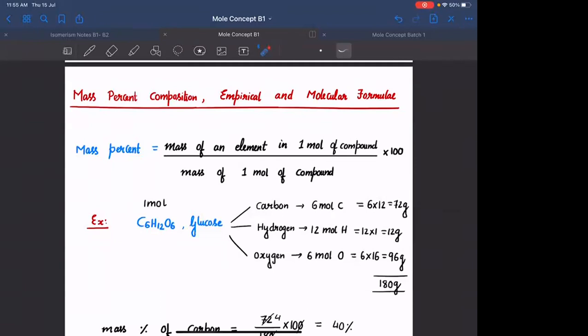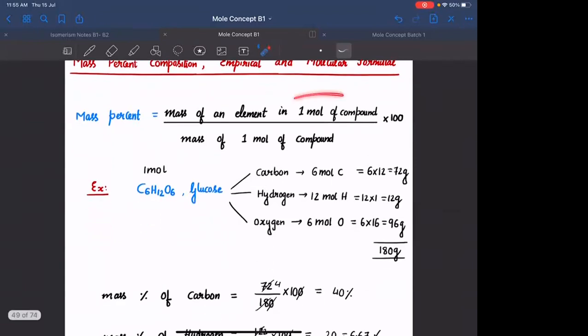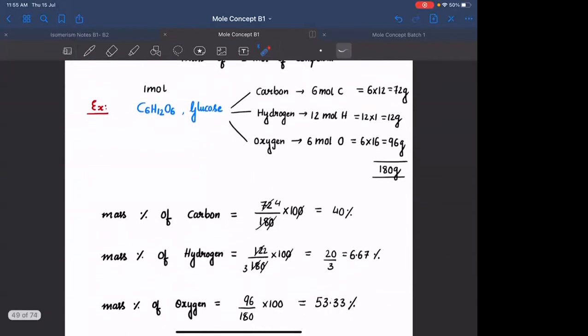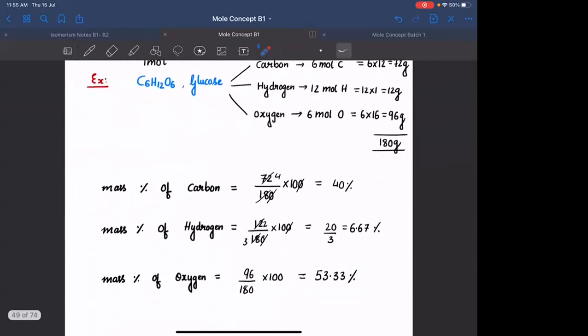No need to separately write the definition as 1 mole of compound. You can do that as mass of element divided by mass of that molecule into 100. Then also you will get the same. Agreed?